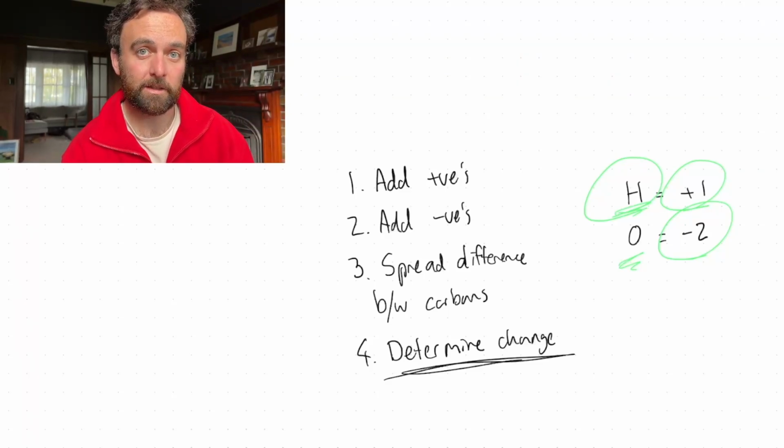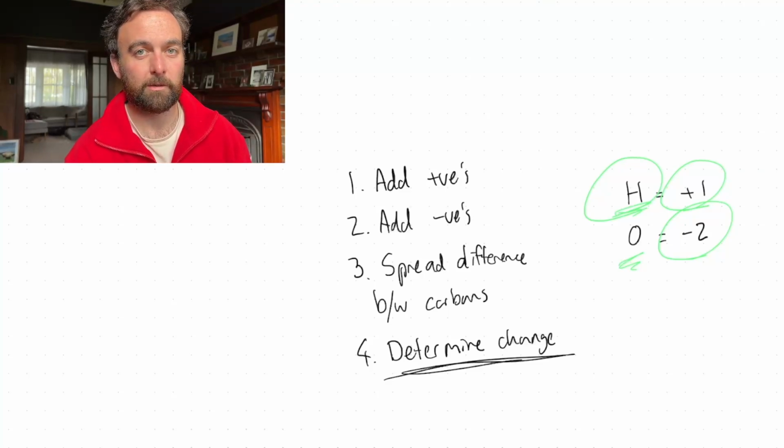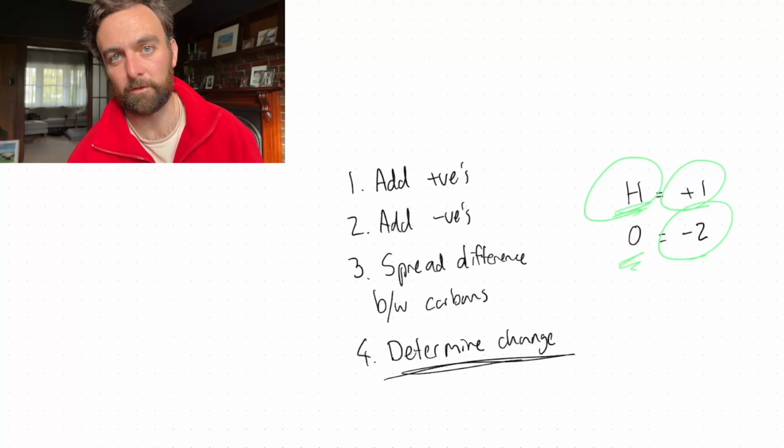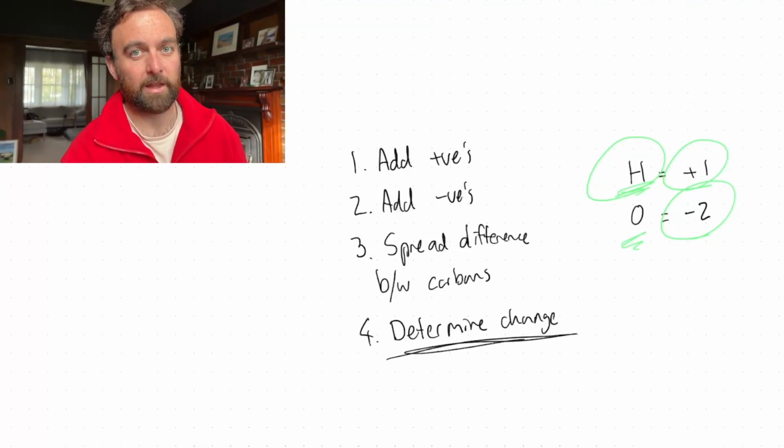If it does, it's a redox reaction. If not, then it's something else. I'll go through two examples in a second. One's redox, one's not, and I'll show you how you can determine what kind of reaction it is if it's not redox. So one last time: add the positives, add the negatives.